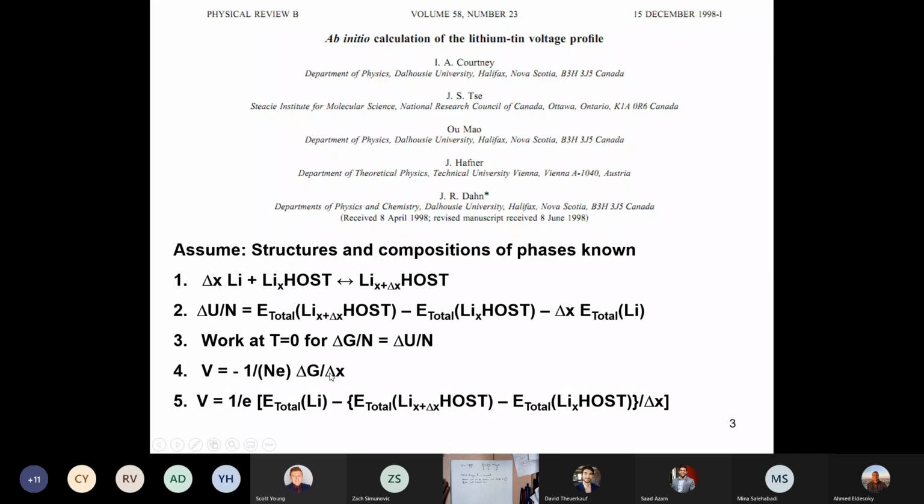So big N times delta x is the same as little n that I showed you on my document camera. And then all you have to do is take this expression for delta U over N and put it into this expression for V, and you get a simple equation. So if you can calculate these total energies, you can calculate a voltage curve. And that's really what this paper showed.